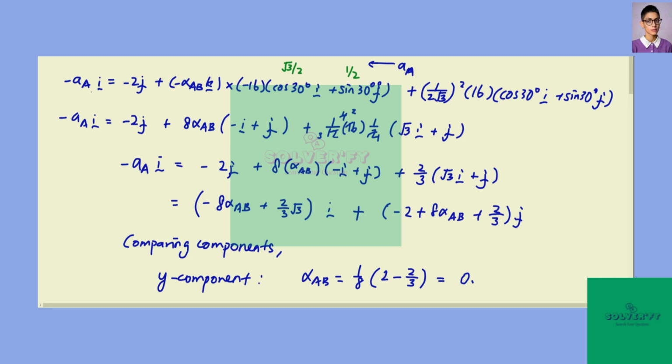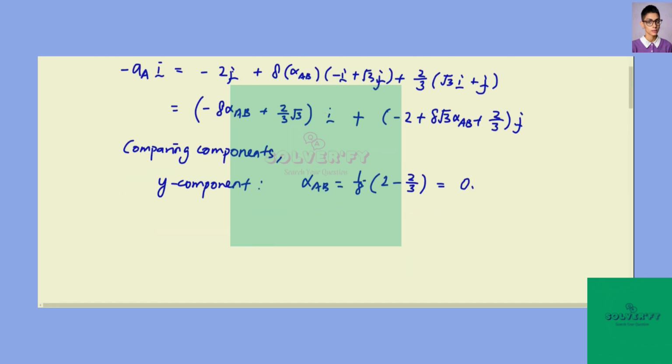So here there is a root 3. Just to rewrite. Sometimes it's so easy to make mistakes. There is a root 3 over here. Sorry about that. So 1/8 root 3.